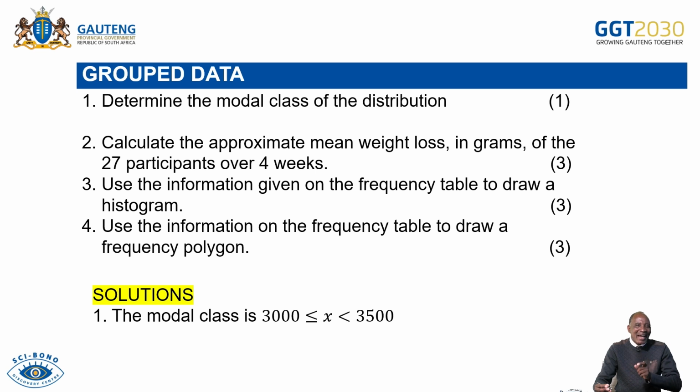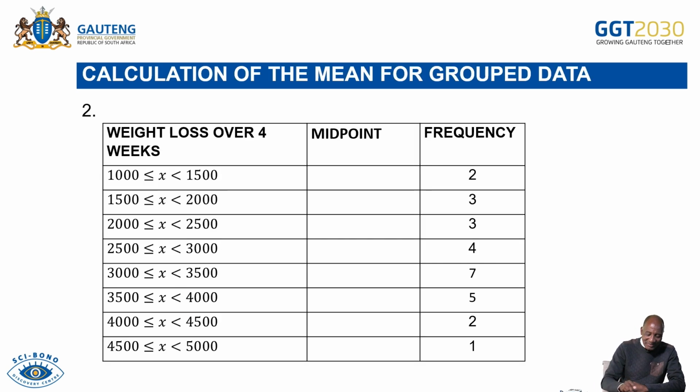How would you determine only the mode of the distribution without saying modal class? There is a difference between the two. If a question says determine the modal class, you give us a class, like 3,000 to 3,500 is a class. But when the question says the mode, how do you answer that question without the word class? Okay, we shall attend to that question later.